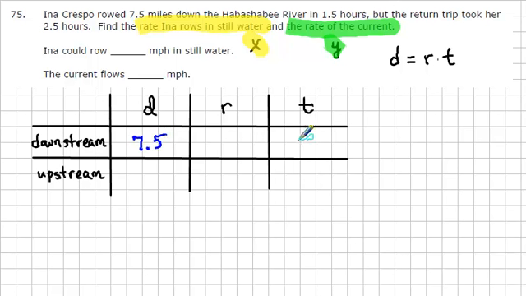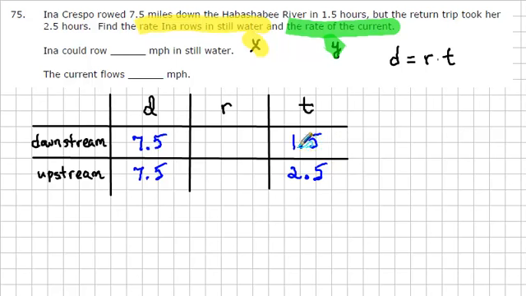It says that it took her 1.5 hours. The return trip we'll assume was the same distance, 7.5 miles. But because she was going against the current, it took her longer. It took her 2.5 hours.